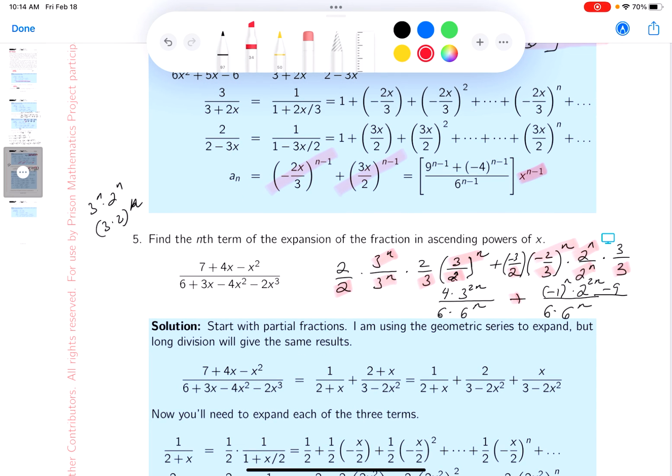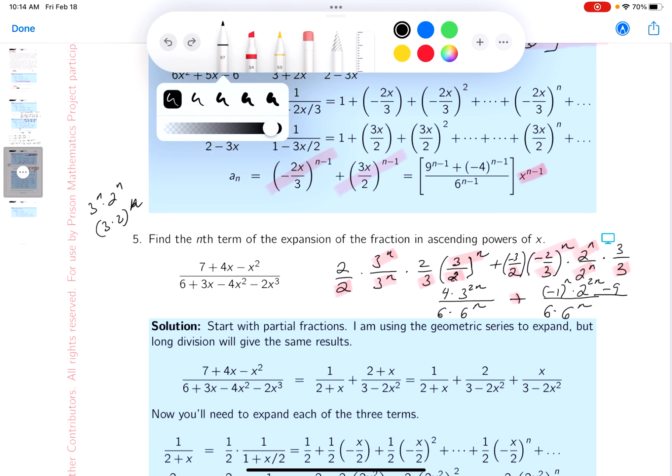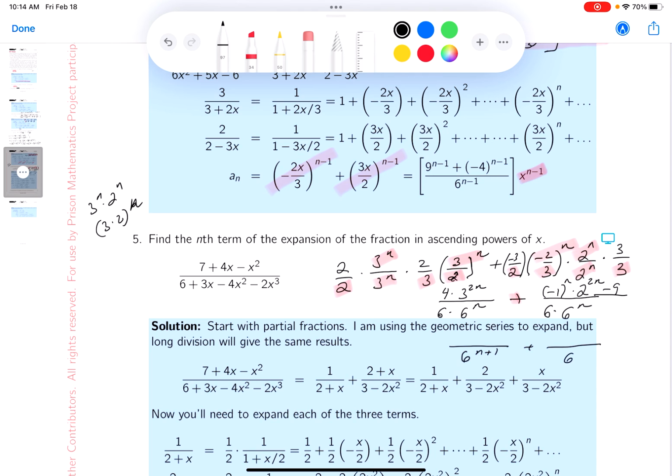And that's my goal. So the next thing I'm going to write down, and I got to be careful about this. But my fraction bar. I'm going to say I see 6 to the n plus 1 here, plus 6 to the n plus 1 here. Now I'm seeing that 3 to the 2n, and that's really just like 9 to the n.